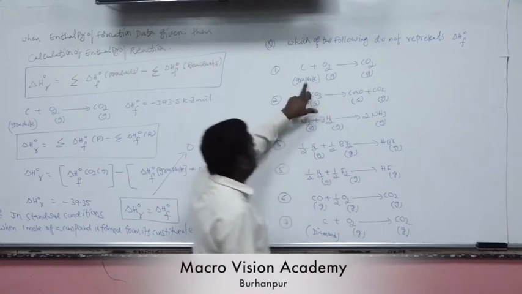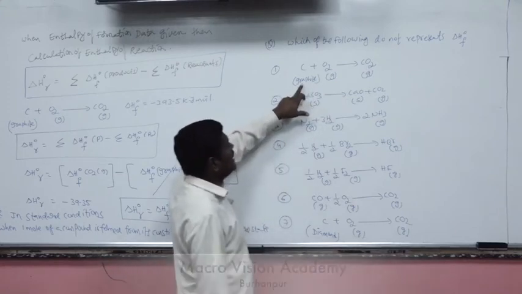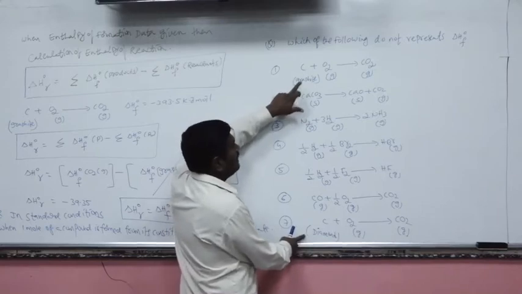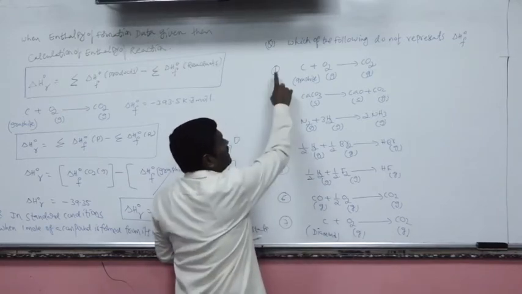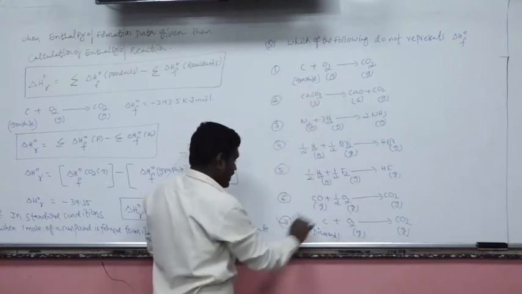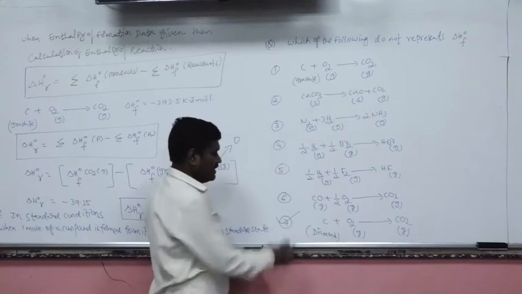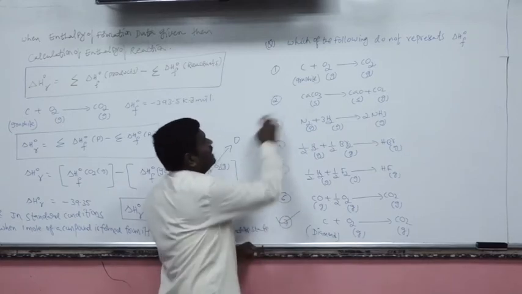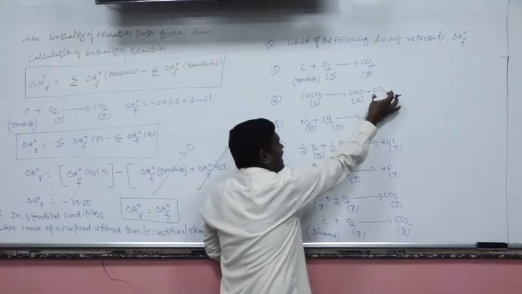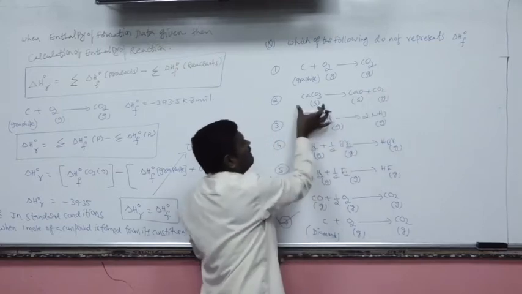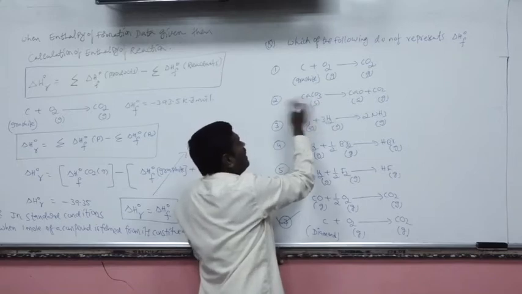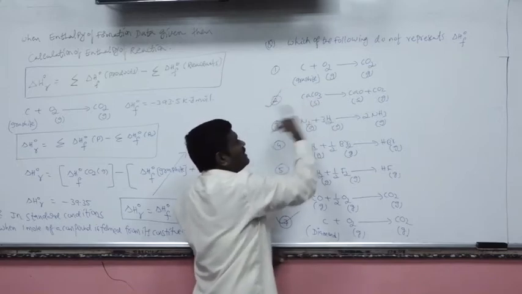What is the stable form, the most occurring form of the carbon, graphite or diamond? Graphite. So graphite stable form means it corresponds to enthalpy of formation. Now come to the second one. We are preparing the CO2, but it is not coming from elements. It is coming from the compound limestone, CaCO3. So it is not the standard enthalpy of formation.